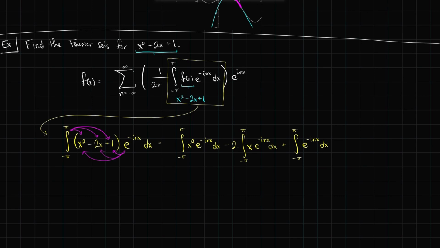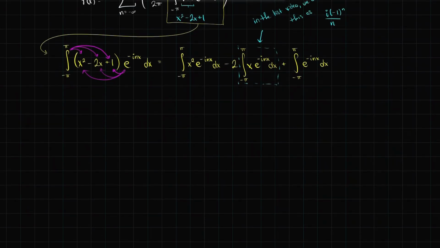This makes my life a little bit easier because it's time to be clever and recall that in the last video we evaluated this, as i times negative 1 to the n divided by n. So that makes our life easy on exactly one of these three terms, but unfortunately the other two we are going to go ahead and go through the work for.